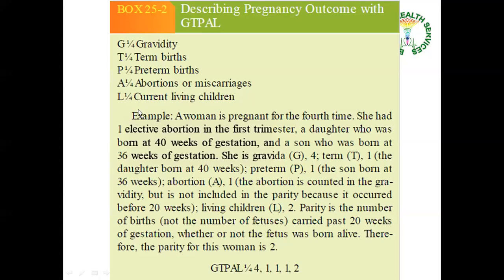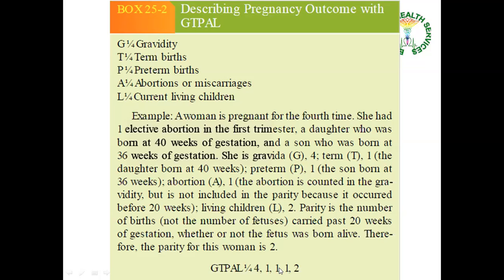So L stands for current living children. As an example, here GTPAL is 4, 1, 1, 1, and 2. G stands for gravida, so gravida 4. So the mother has already been pregnant 3 times before. T stands for 1, meaning one delivered baby was full term. P1 means one baby preterm.